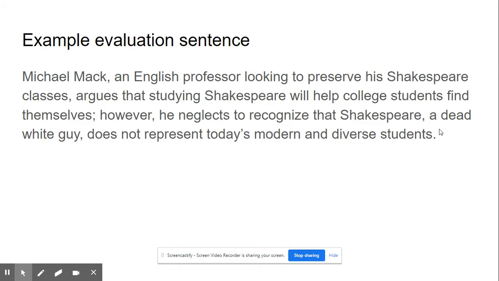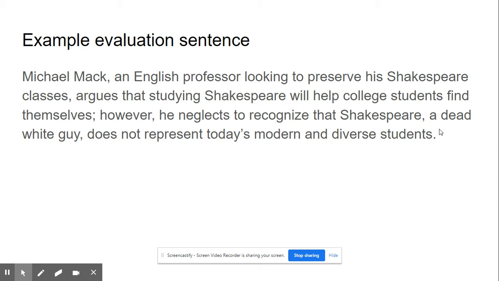So here I have an example evaluation sentence. Michael Mack, an English professor looking to preserve his Shakespeare classes, argues that studying Shakespeare will help college students find themselves. However, notice that use of that conjunctive adverb there. He neglects to recognize that Shakespeare, a dead white guy, does not represent today's modern and diverse students. Notice the order here.